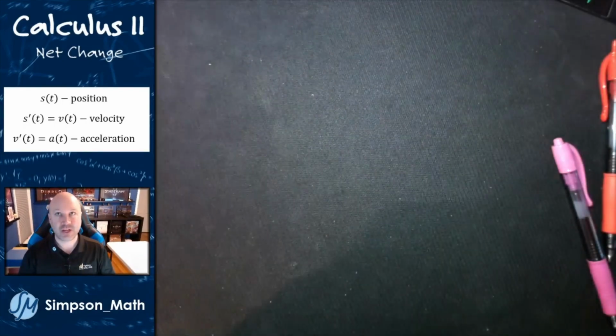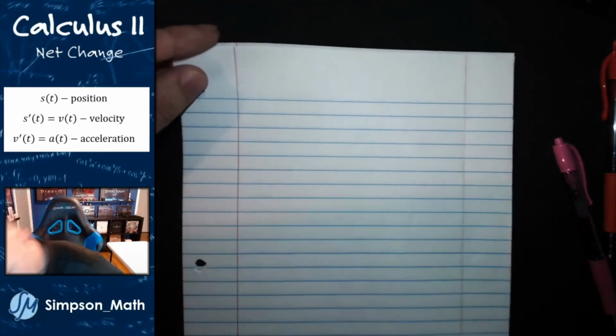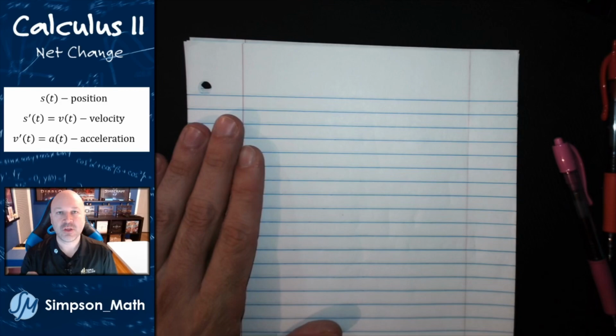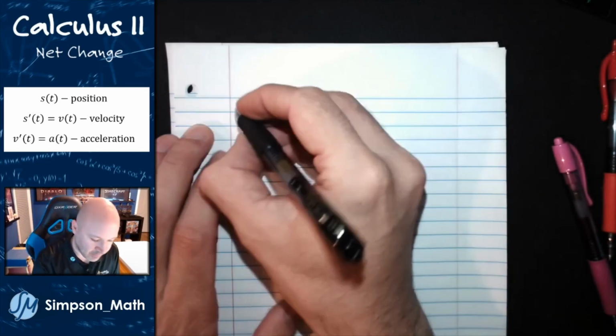Finding net change. There's actually like 2 ways to talk about an antiderivative. Okay, let me take a look at that. All right, so we just talked about finding that position function using the antiderivative. We've done this plenty of times, but let me write that down one more time.